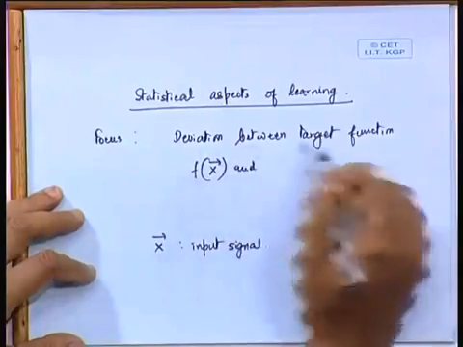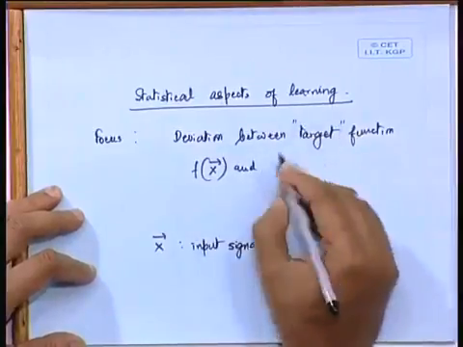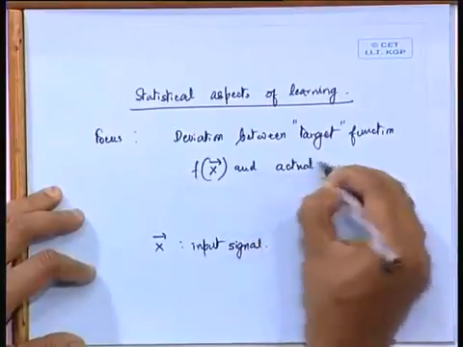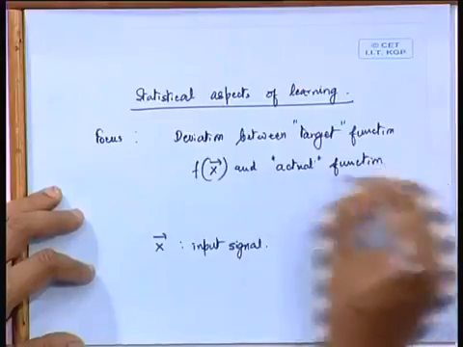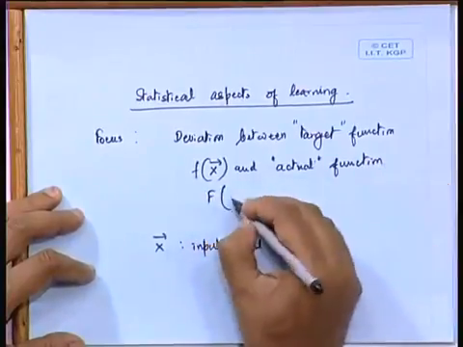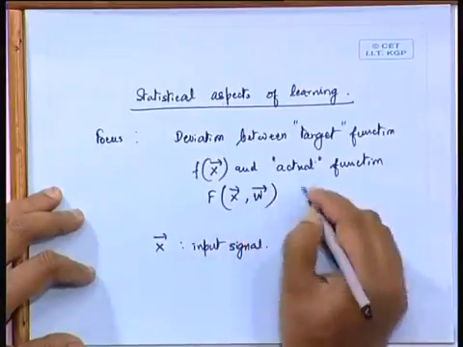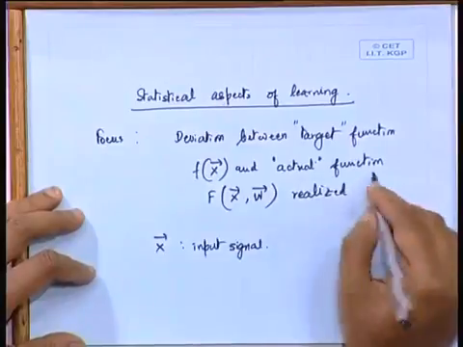So, we are interested now in finding out the deviation between the target function, which is f of x, and the actual function, which is f of x vector comma w vector, which is realized by the neural network.